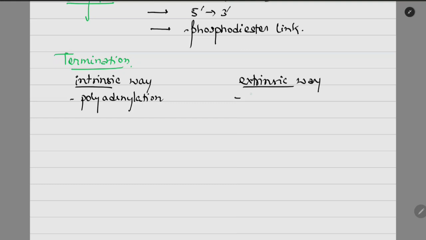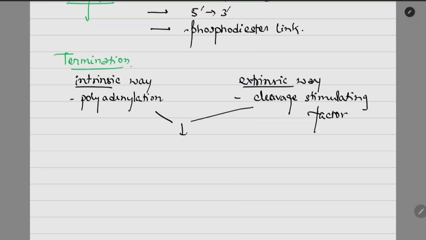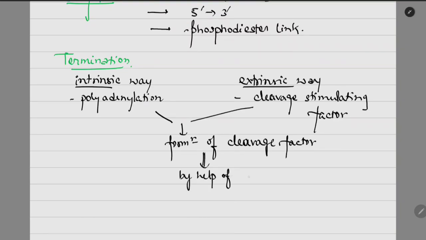And here we can say that cleavage stimulating factor. Now both of these will help in the formation of cleavage factor, and this cleavage factor, by the help of endonuclease, forms the new RNA.